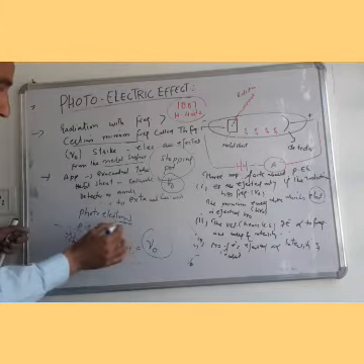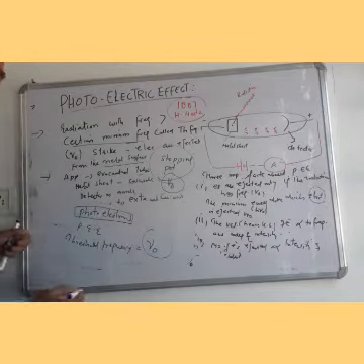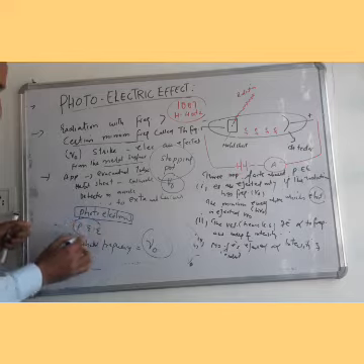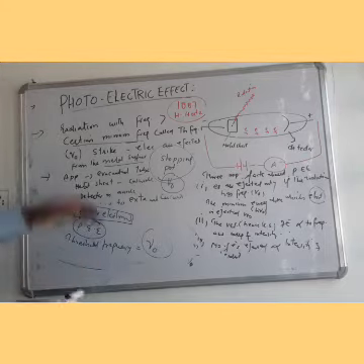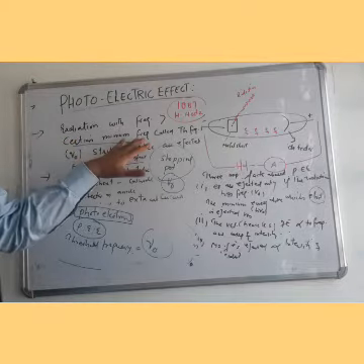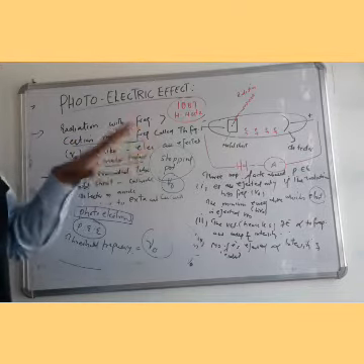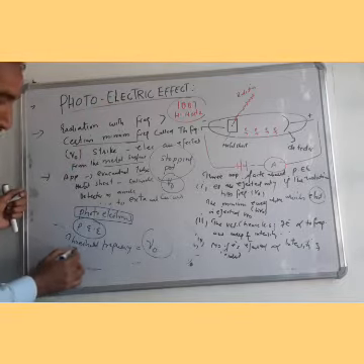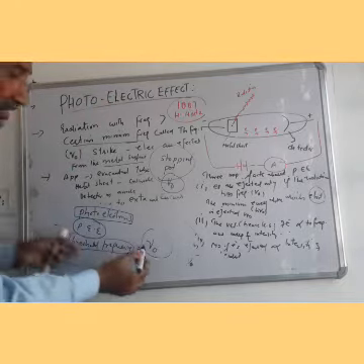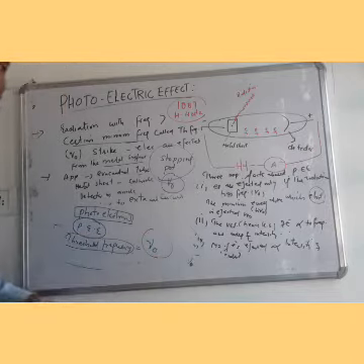These electrons are called photoelectrons, and the phenomenon is called the photoelectric effect. The minimum frequency which a radiation must possess is known as the threshold frequency. It is denoted by nu zero.